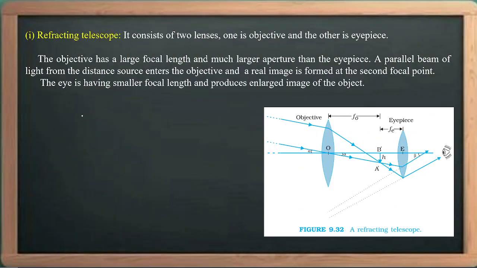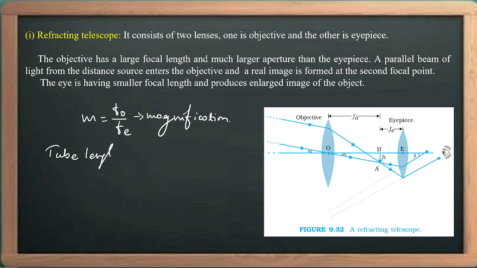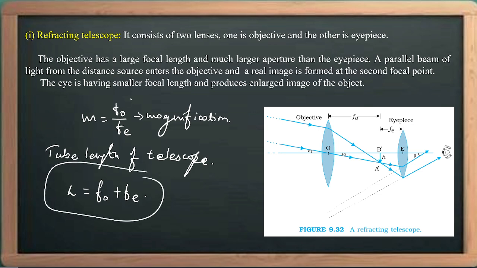Then we have the refracting telescope. For the refracting telescope, the magnification is given by F0 by Fe. Also we have one more formula, called the tube length of the telescope, given by L is equal to F0 plus Fe.